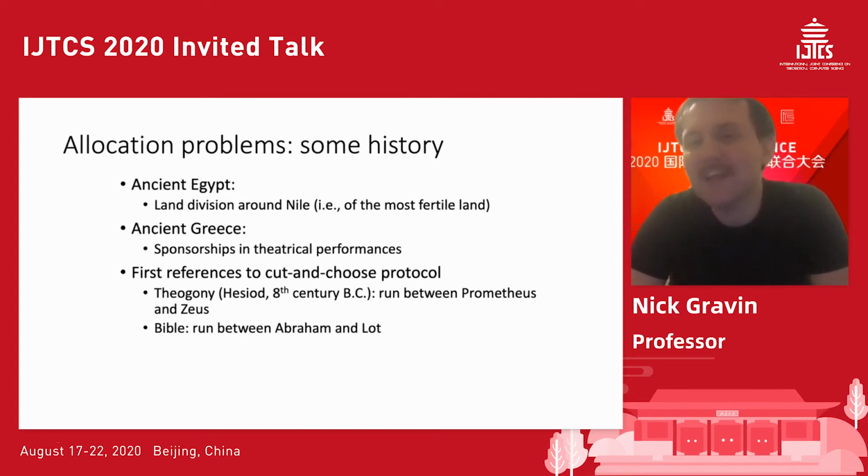If you want to divide a cake or any other resources, you can ask another person to do the division, and then you choose one share, one of the two parts. It actually appeared very early in history in Theogony, basically 18th century before Christ, the division of domains between Prometheus and Zeus. And also you can find references to it in the Bible, where the division was between Abraham and Lot.